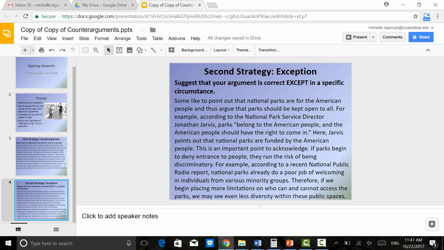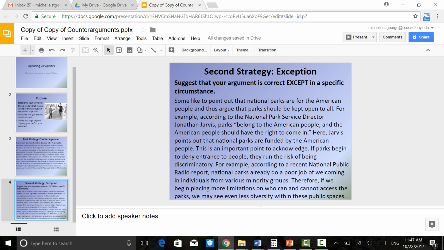For example, according to a recent National Public Radio report, national parks already do a poor job of welcoming in individuals from various minority groups. And then notice that at the end, they say if we are going to place more limitations, we have to be aware of this potential downfall, right?